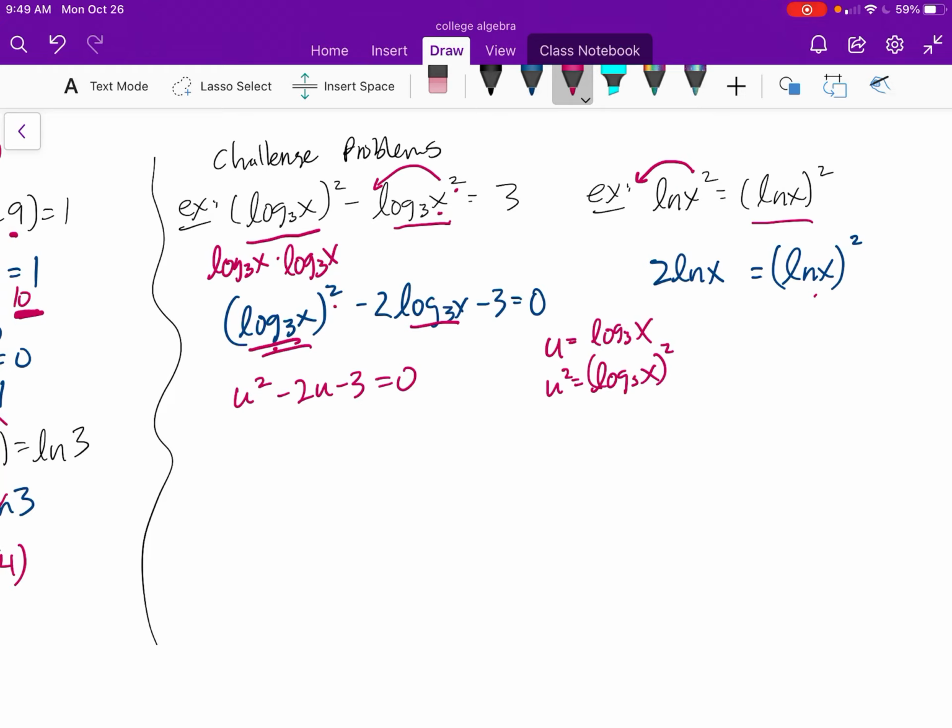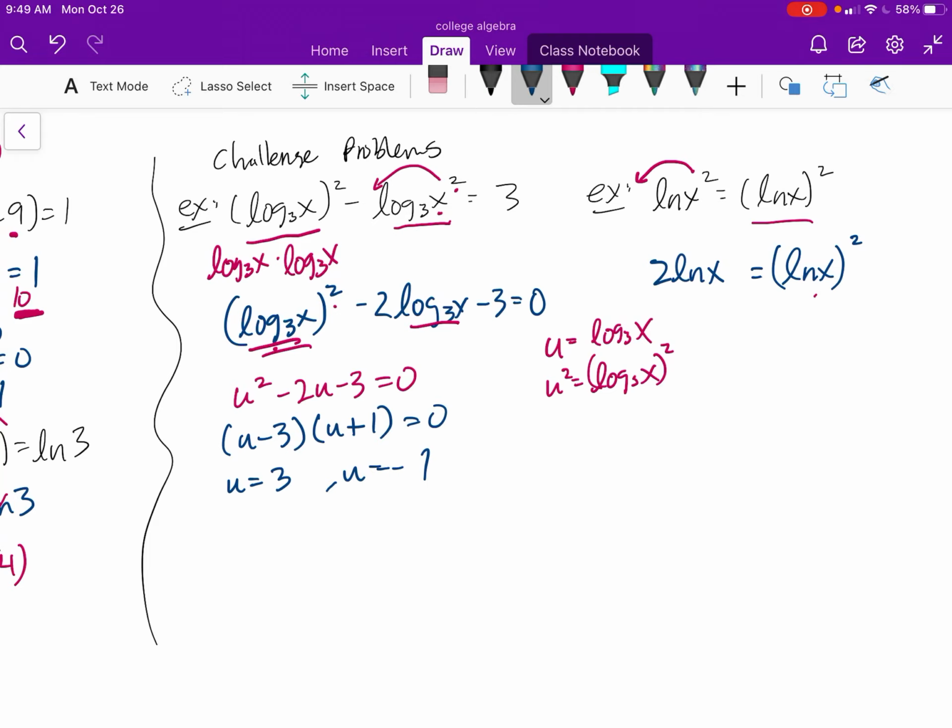I love using it, especially as you move throughout calculus, for those that will. It's a powerful tool to use in many problems. Alrighty. Well, this in fact factors: u minus 3, u plus 1. So therefore u equals 3 or u equals negative 1.